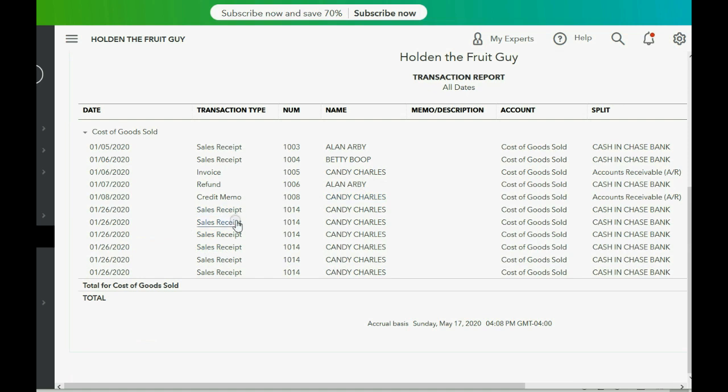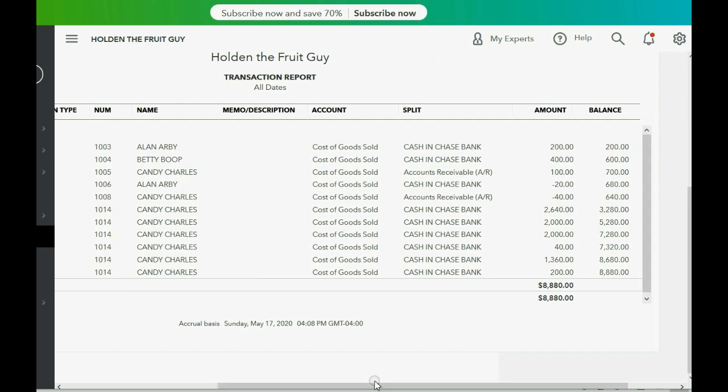When you have a sale that has more than one purchase cost for cost of goods sold, QuickBooks breaks it up crazy. You see, 1014, 1, 2, 3, 4, 5, 6. It scattered it to 6 different lines, but I'm going to show you something.